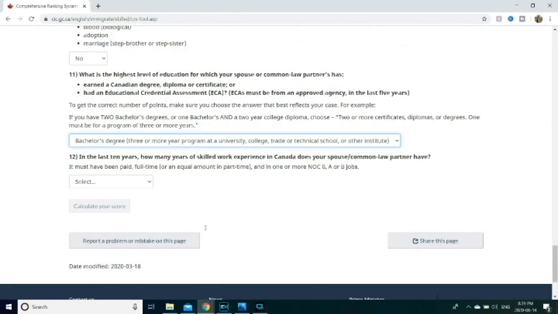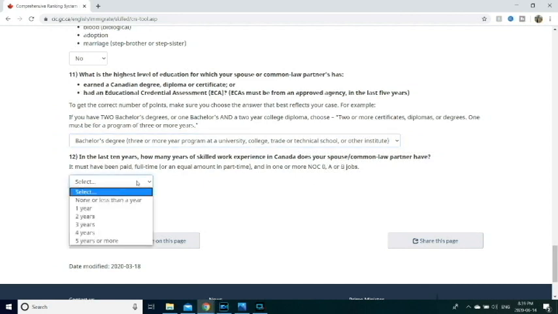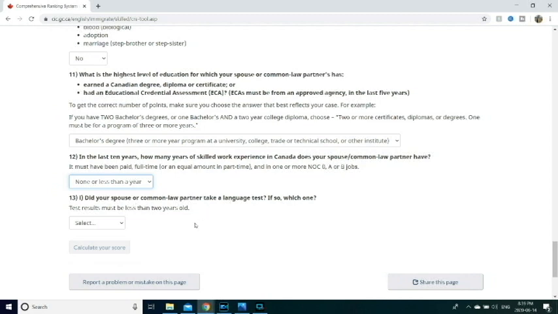That is again a general scenario. And here is the twist: only if your spouse has work experience in Canada are they going to give you points for your spouse's experience. So whatever experience your spouse has, if it is not in Canada, it doesn't matter. Generally your spouse doesn't have experience in Canada.